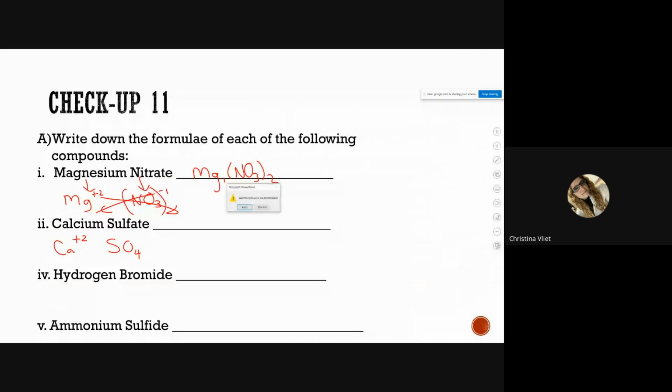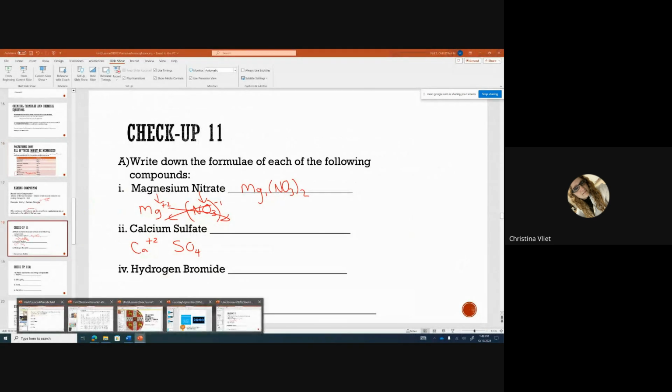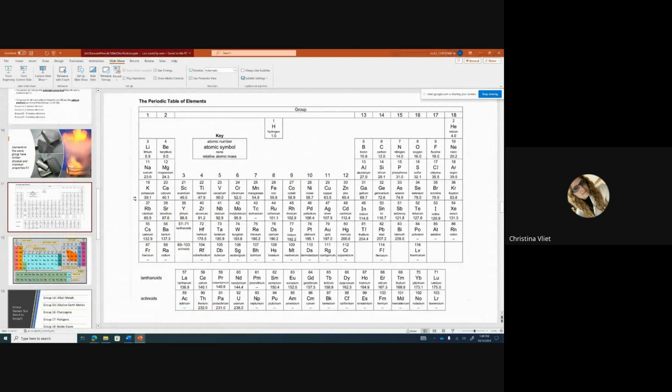Let's go back to your periodic table. I'm going to keep this real quick. Do you remember that I had you write a 4? You may want to fill that in on your periodic table. That tells you the ions that have four oxygen atoms. Really, for us, it just means phosphate and sulfate have 4, and everything else has 3.